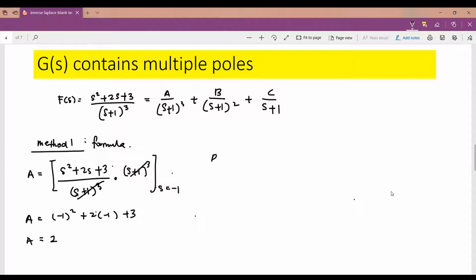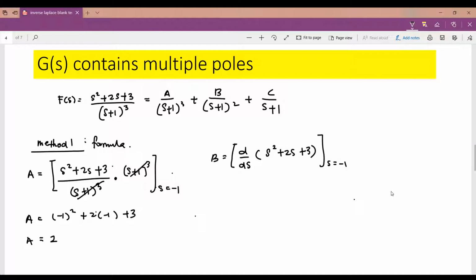Okay, to find B, because the root is the same, which is -1, you need to differentiate the numerator of A, which is s square plus 2s plus 3, and then s is equal to -1.